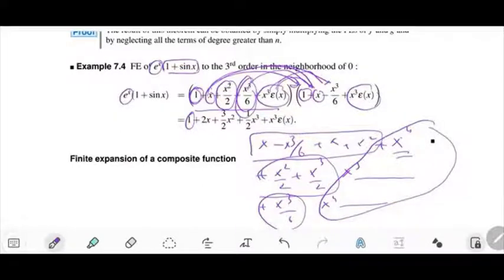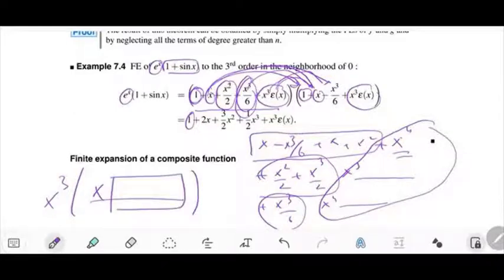So I will put them all together, writing x3 as a common factor times all these terms. But these terms have a degree not only higher than 3, it's strictly higher than 3. So it's x4 and more. So it will be like x times something. So when x tends to 0, all this expression will go to 0.